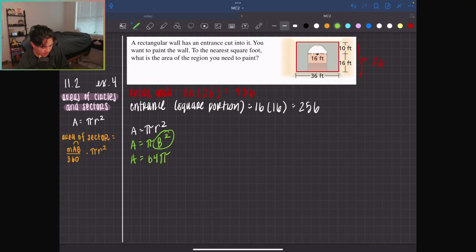All right. So this is the area of a whole circle, right? But if we want half a circle, then we're just going to divide it by 2.